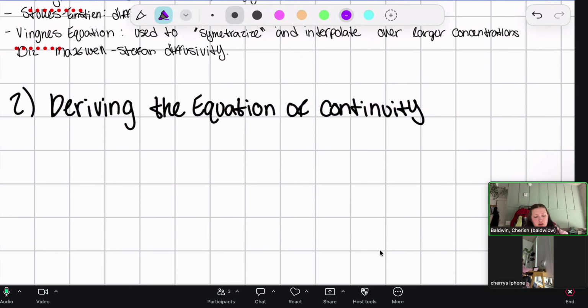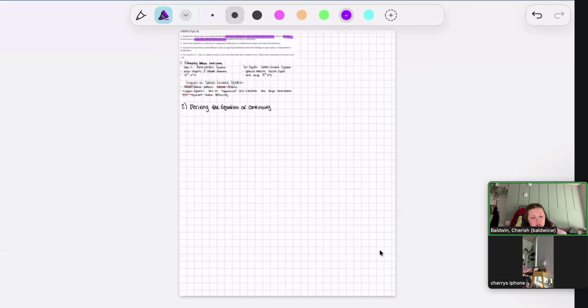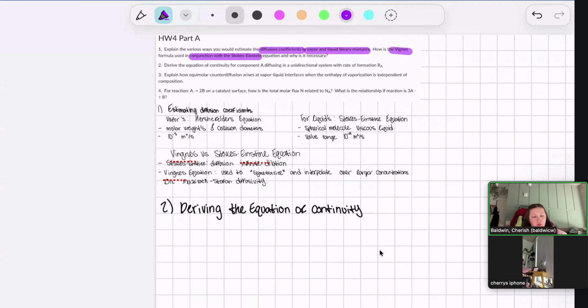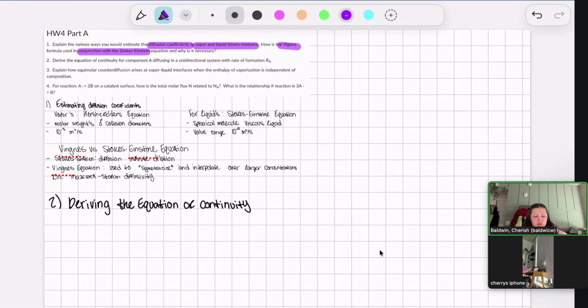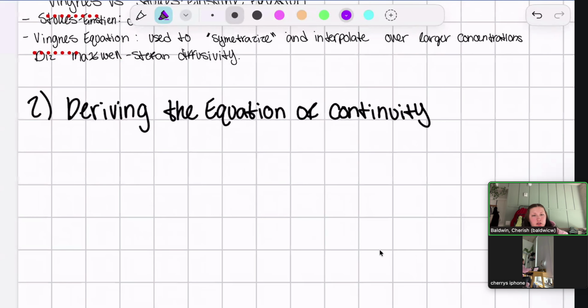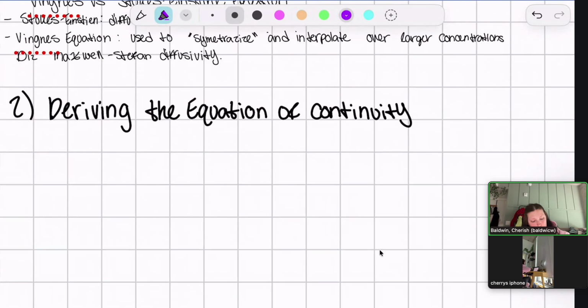This is homework 4A part 2. Now we're going to derive the equation for continuity.